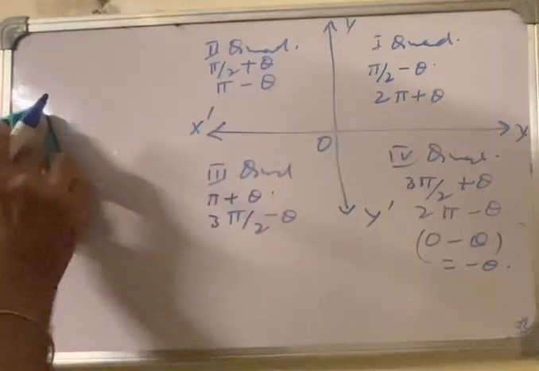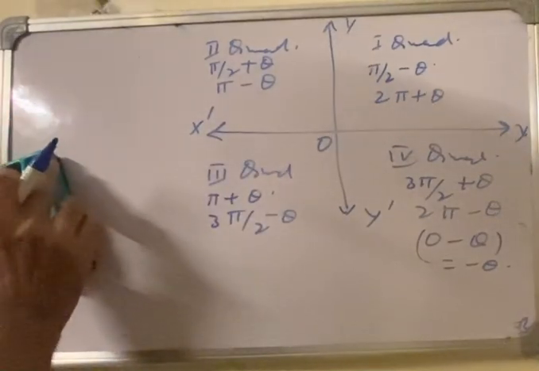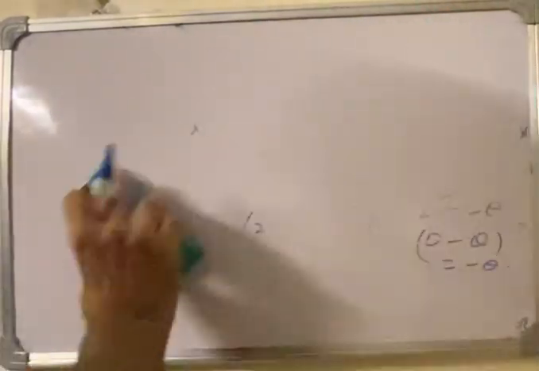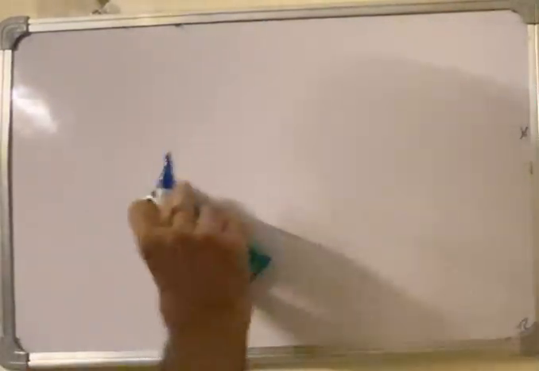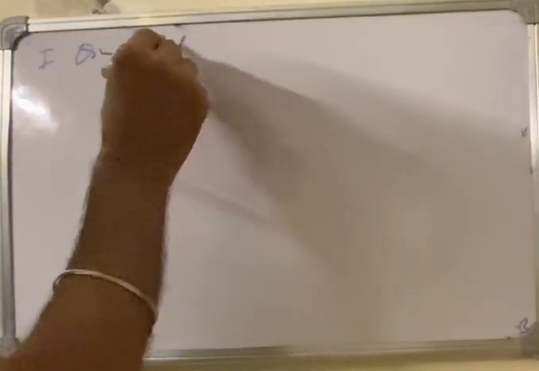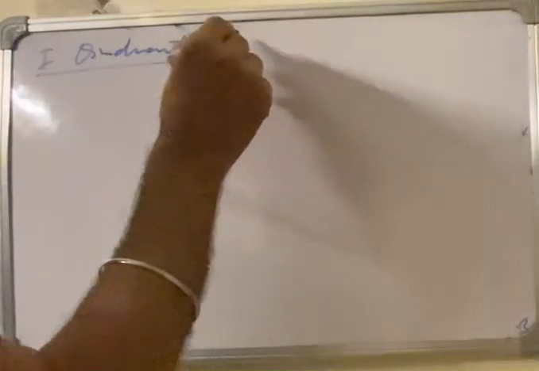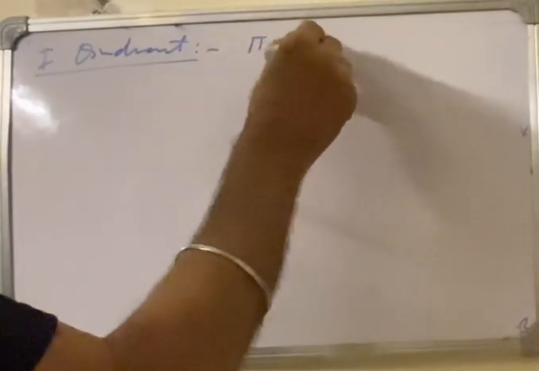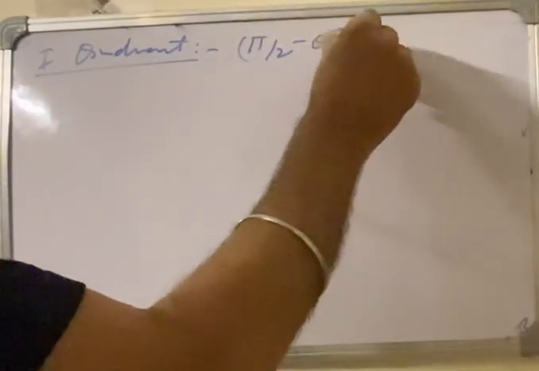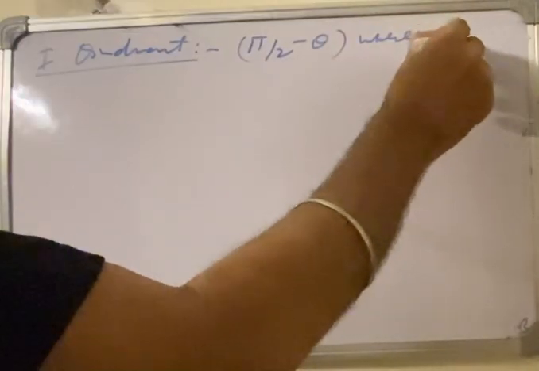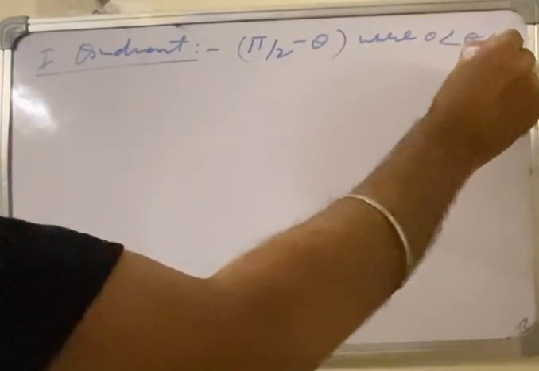First of all, we take first quadrant. We shall take pi by 2 minus theta, where 0 is less than theta less than pi by 2.